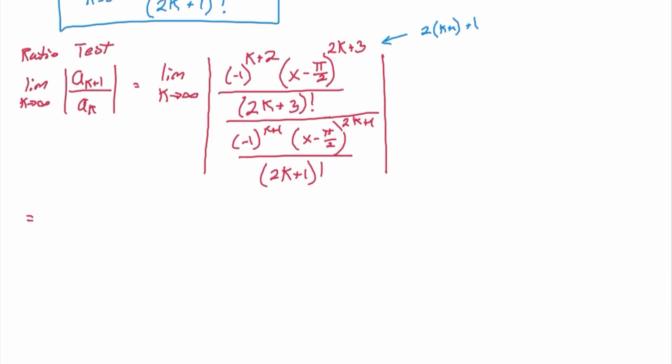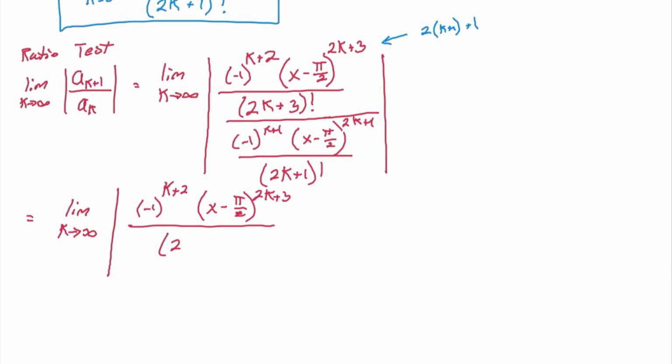Now writing this out again, we'll just copy the top fraction for now, and multiply by the reciprocal of the denominator, that bottom fraction.